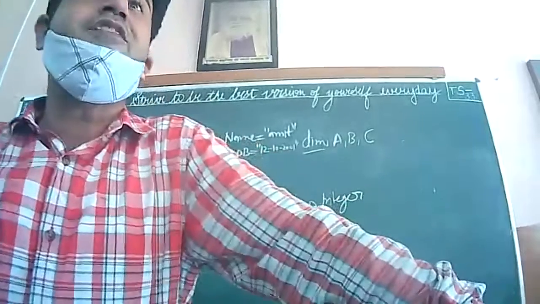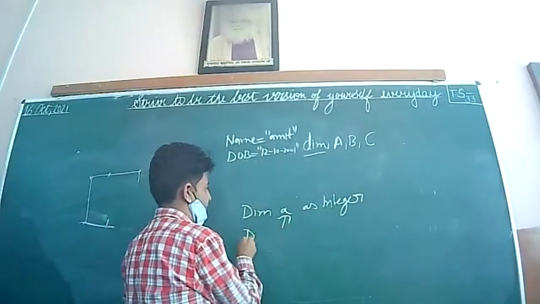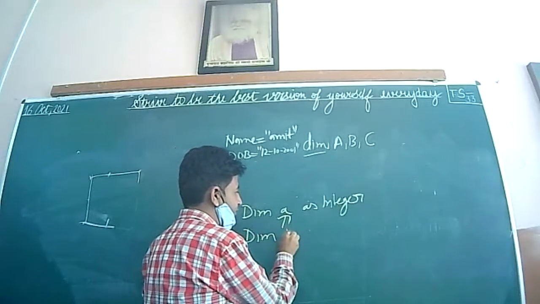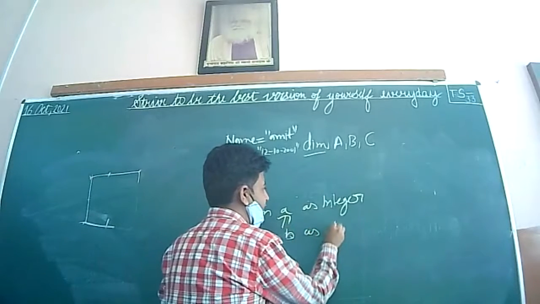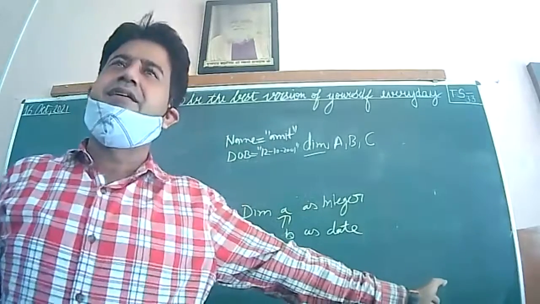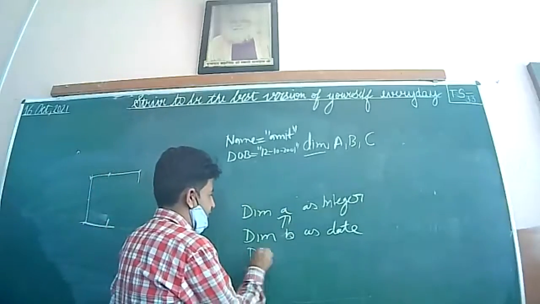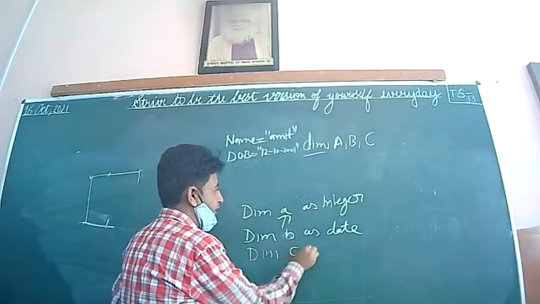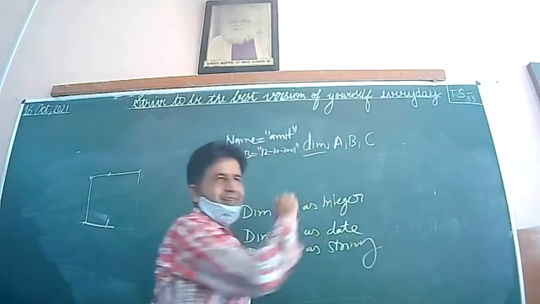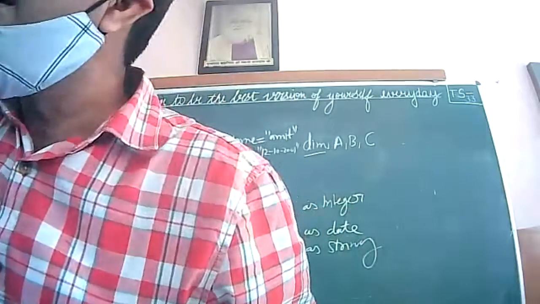Here we can't give a string value. Clear? Dim E as date. Now its data type is date. So we can't give another value. Dim C as string. So its data type is string. We can't give any other value.